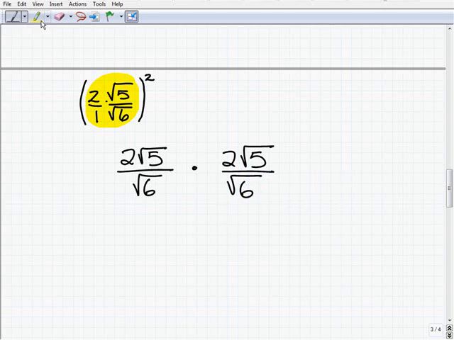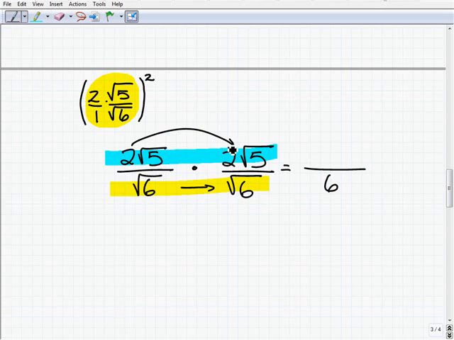Now, it's just like when you rationalize, okay? Numerators times numerators, denominators times denominators. So the square root of 6 times the square root of 6, the radicals go away. This is simply 6. Now here we have to multiply the numbers times one another. Just to make sure you understand that, 2 radical 5 is the same thing as 2 times radical 5.